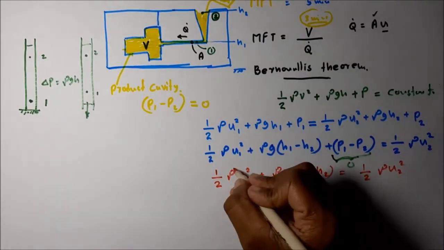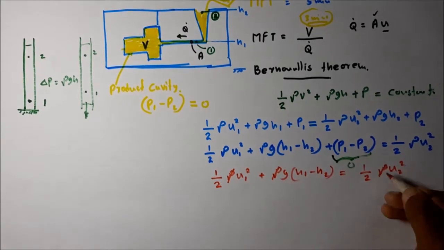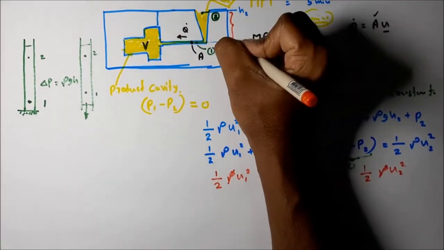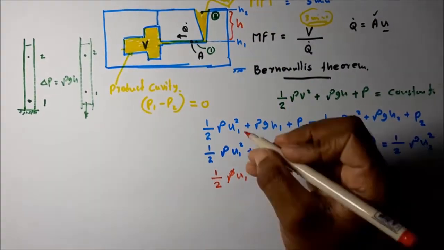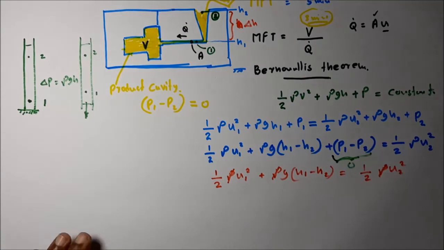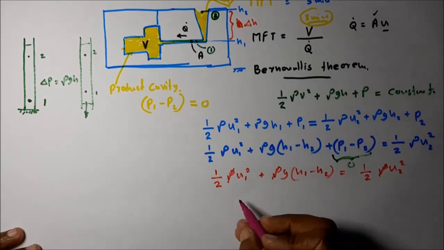The rho is a common term now, so we can cancel it. And h1 minus h2, this height difference, let's take it as delta h. Then we can further reduce this equation.